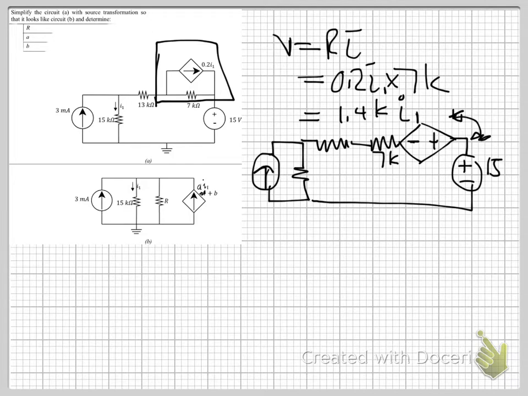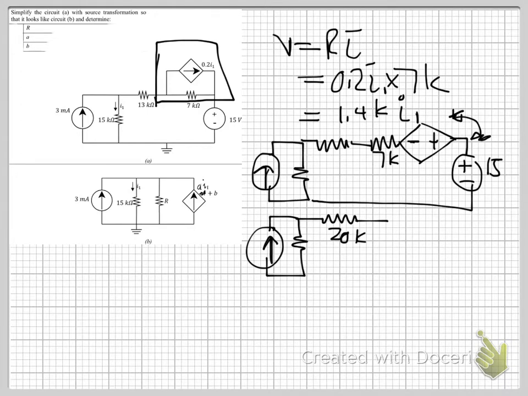So now what you have is this: your 7 and 13 together make 20K.